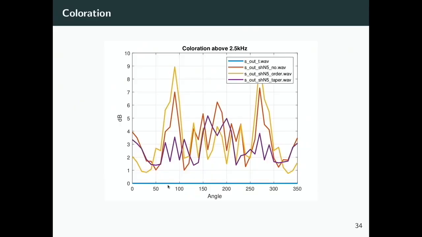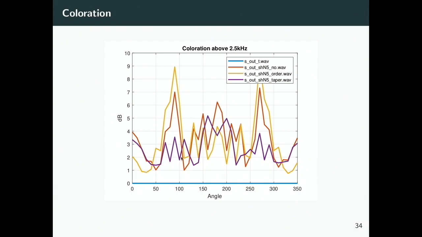And of course, if we compare the time domain to the time domain, there's no coloration, 0. But then if we look at the order truncated versions, we can see that for the angles of 90 degrees, so to the sides, we have quite a bit of coloration, and also on the contralateral side. That's what we already saw in the plots, right?